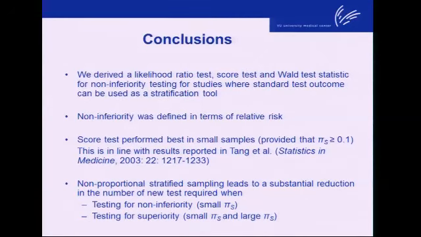They also looked at non-inferiority, but they only looked at positivity rates above 50%. The only problem with the score test we found was for very low positivity rates, where it was slightly liberal, but overall it performed very well. And there are many cases in which non-proportional sampling can lead to a substantial reduction in the number of new tests. For non-inferiority tests, that's for small positivity rates, and for superiority, it's on both sides, small and large positivity rates.